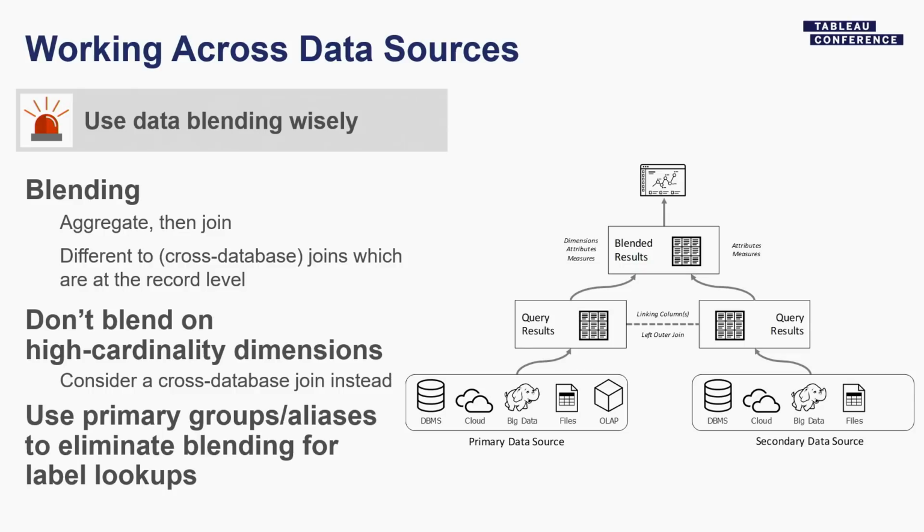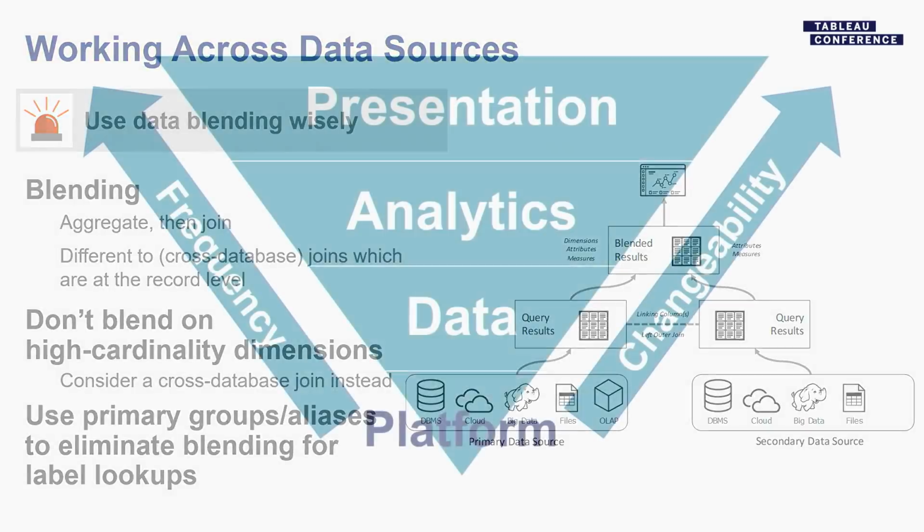If you have to do that, consider a cross-data source join or building a view on the data in a database. We've got primary aliases and primary groups that we can use when blending. If all we're looking for is a label, an attribute that we're getting from a secondary data source, we can get those attributes and push them into the primary data source and then remove the blend. So you can do some Googling on primary groups and aliases when blending.